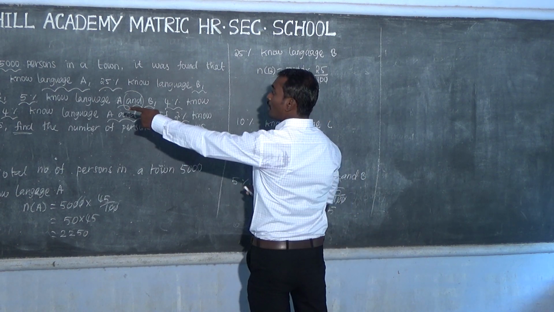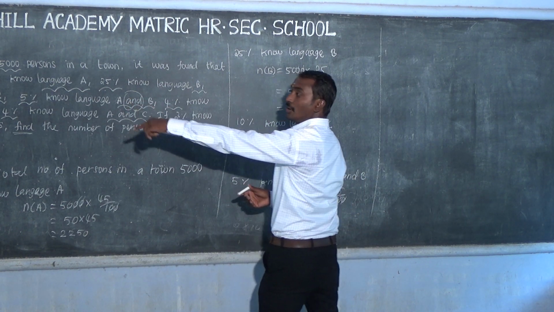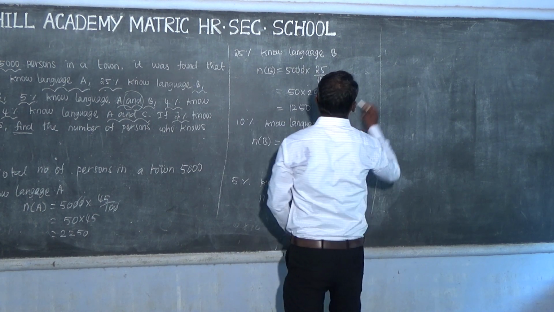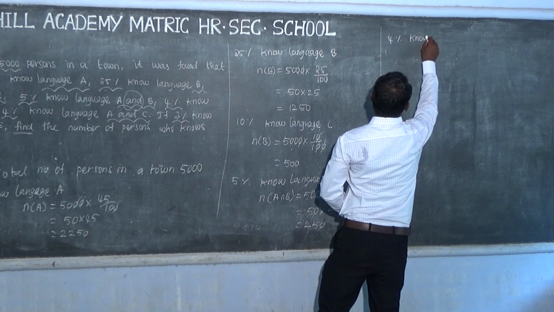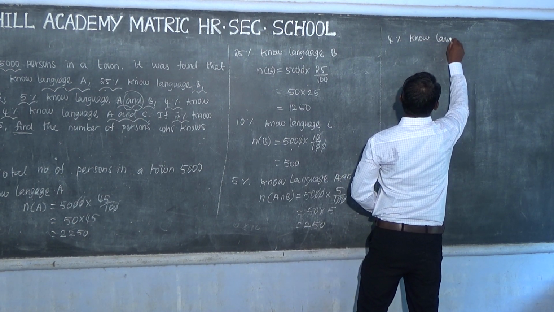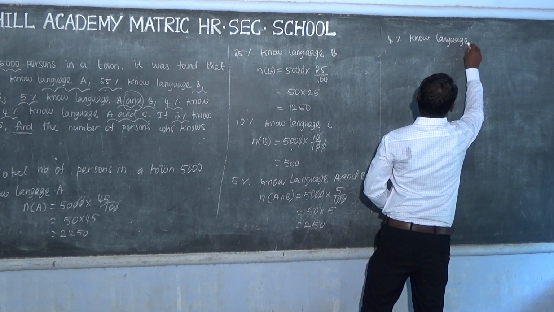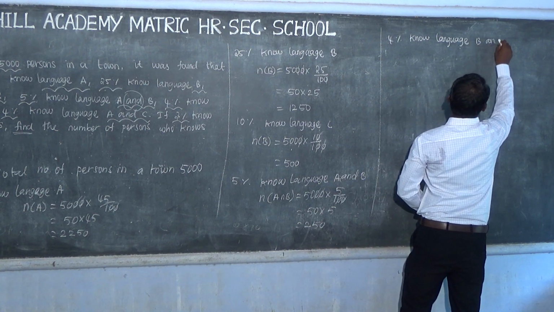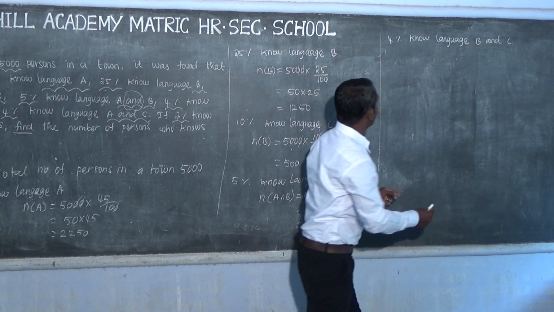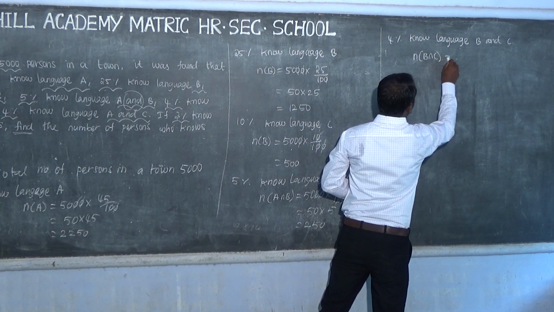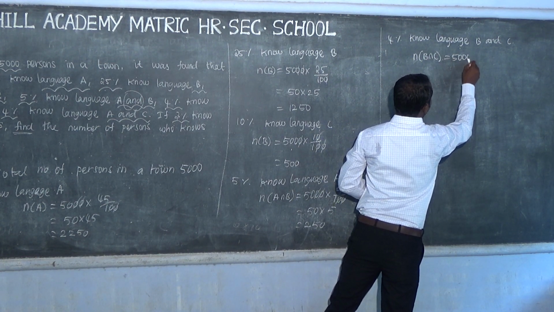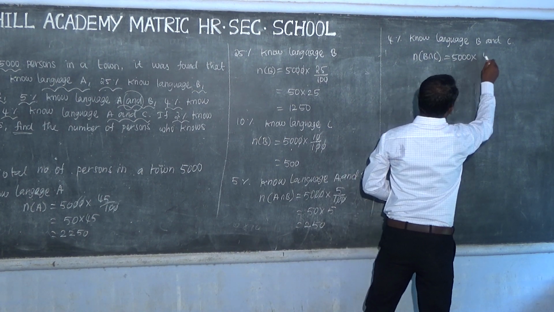And again 4% know languages B and C. So n(B intersection C) is equal to 5,000 into 4 by 100.